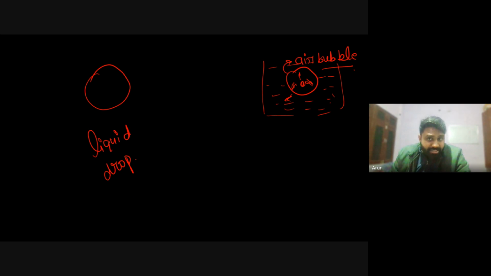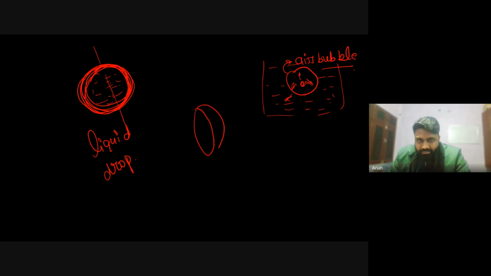And the expression for air bubble and liquid drop is the same, because in a liquid drop, inside there is liquid only. So the concept of free surface is the surface exposed to the atmosphere, or the contact surfaces. How many contact surfaces do we have? If you just cut it, you will have a shape like this, and this is also filled with liquid.